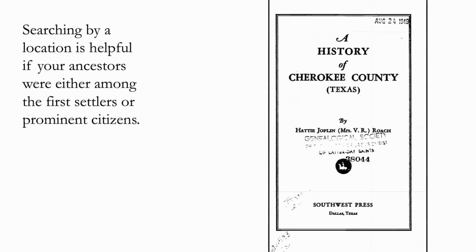Okay. And here is just kind of a leg up on it. This is figuring out where you're going to start looking. If your people settled in a specific geographic area and were among the first settlers, or even were somewhat prominent. Now, prominent changes from place to place.